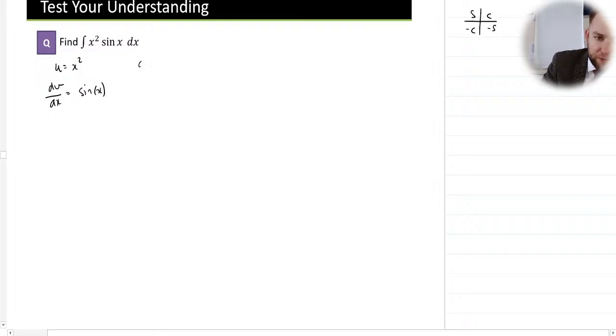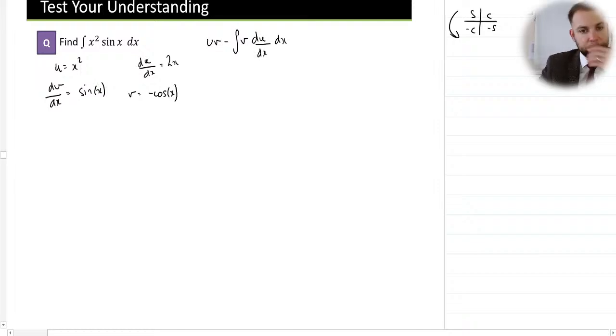So if I differentiate u, I end up with 2x. If I integrate sine, I end up with minus cos. So v is equal to minus cos of x. Let's sub that in to uv minus the integral of v du by dx with respect to x.